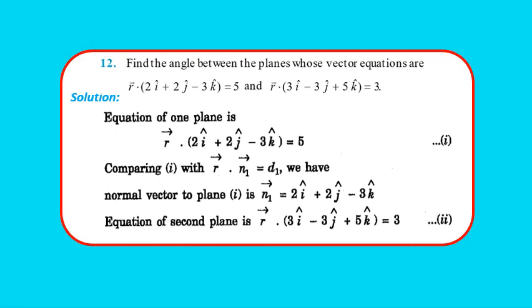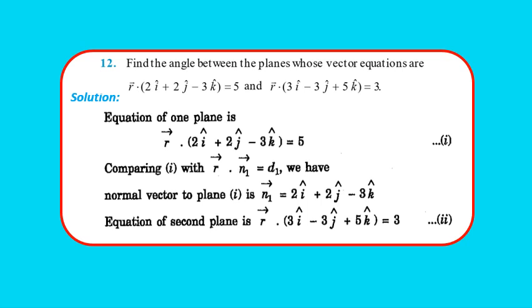Moving to question 12. Find the angle between the planes whose vector equations are r dot (2i + 2j - 3k) = 5 and r dot (3i - 3j + 5k) = 3. We have to find the angle between these two planes. Now the equation of one plane is r dot (2i + 2j - 3k) = 5.